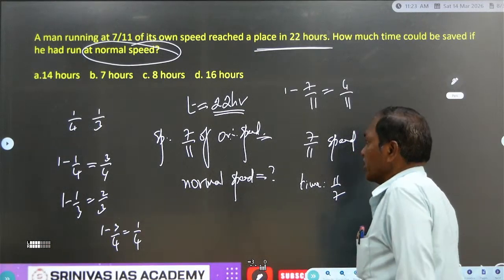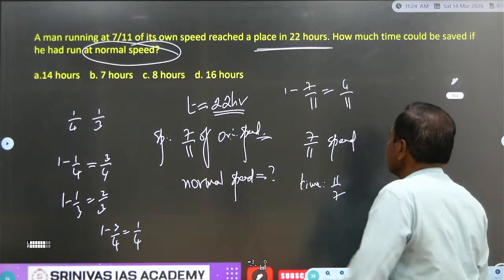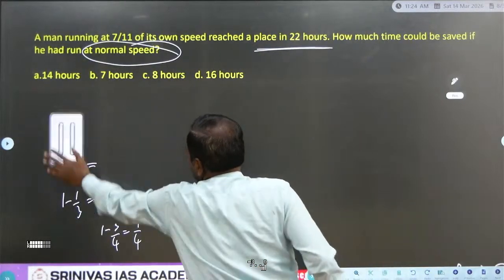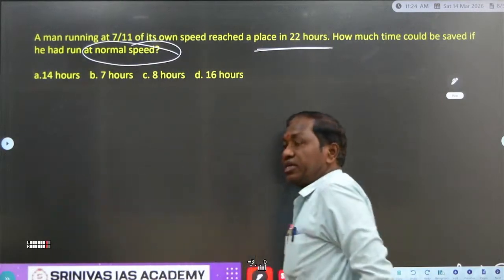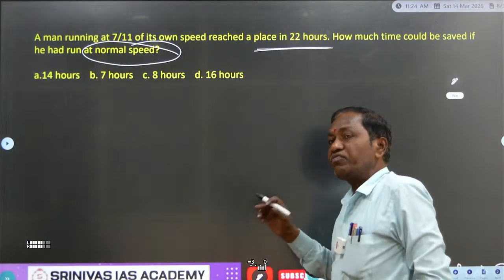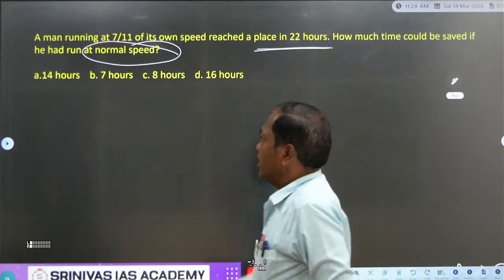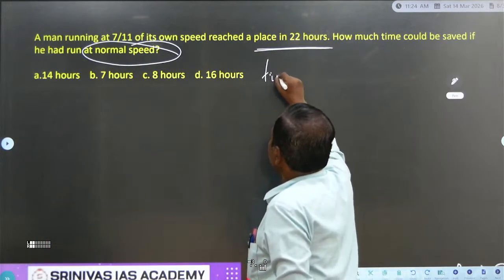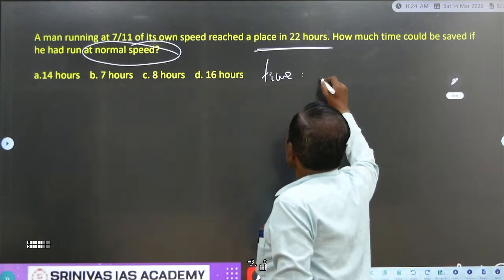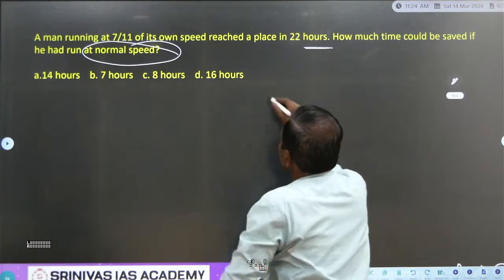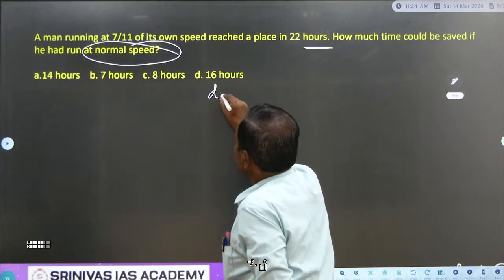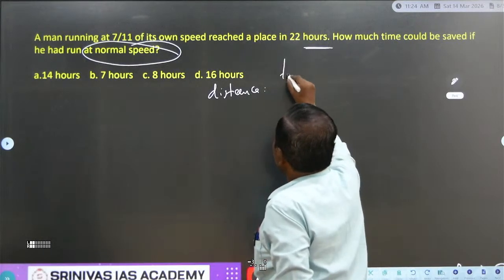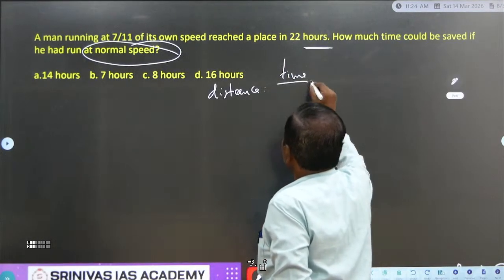Okay, now if I look at it, speed and time are interrelated. We need to know this concept even for time and work also. Now we can see here, this is the time, this is the distance.